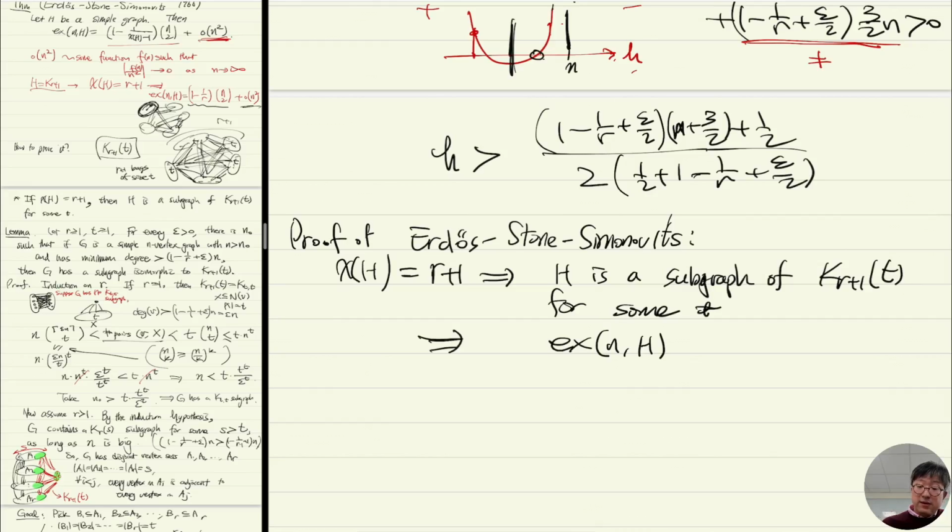what is it going to be, right? If it doesn't contain K_{r+1}(t), the maximum number is at least this. And the Turán graph doesn't have a K_{r+1}. Oh, no, the other way around.